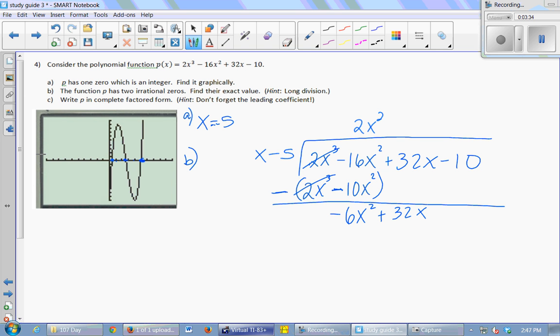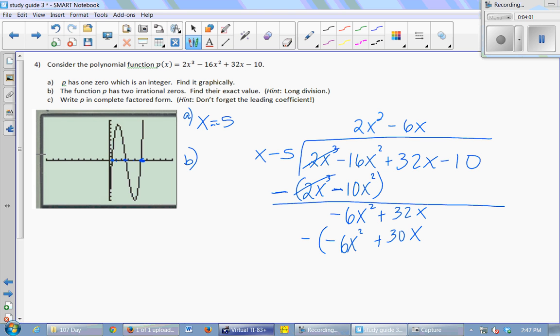And then I start the process again. I look at my leading term in the x minus 5 and the leading term in the negative 6x squared plus 32x, and I ask, what should I multiply x by to make negative 6x squared? Oh, negative 6x. And then I multiply it. Negative 6x times x is negative 6x squared. Negative 6x times negative 5 is positive 30x.